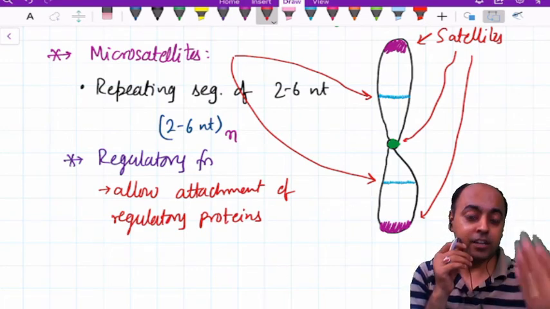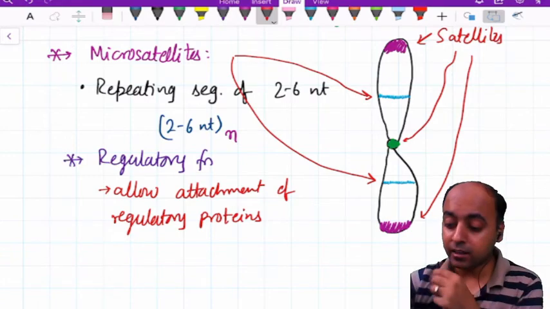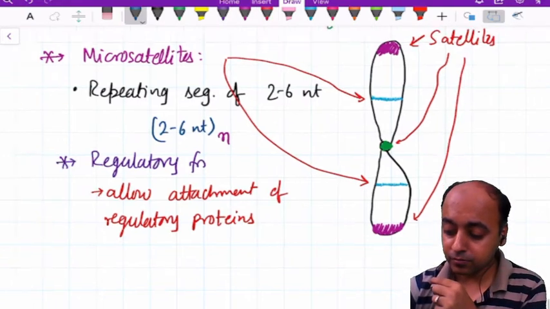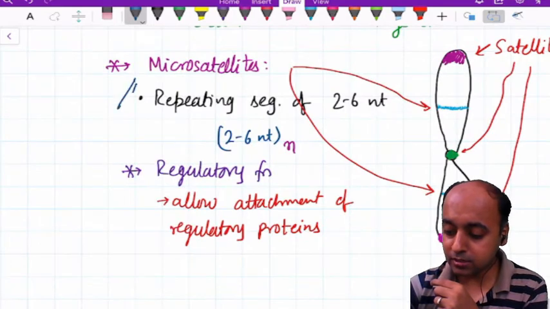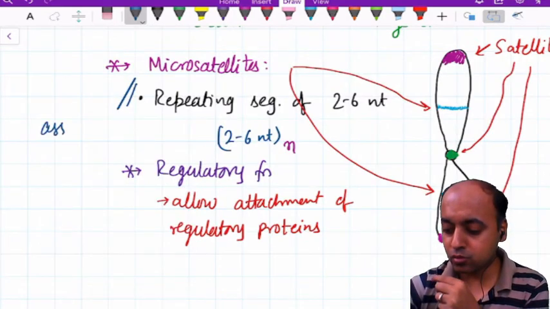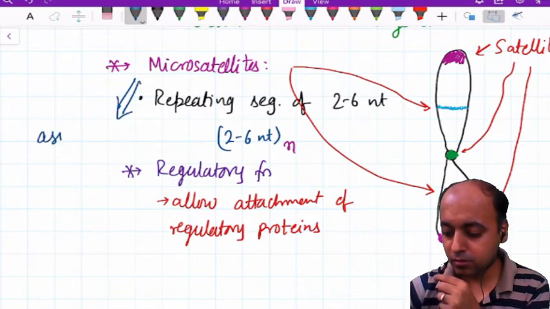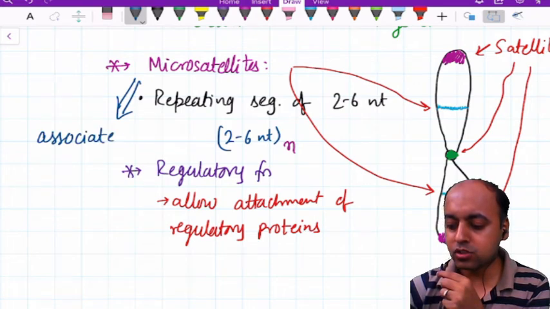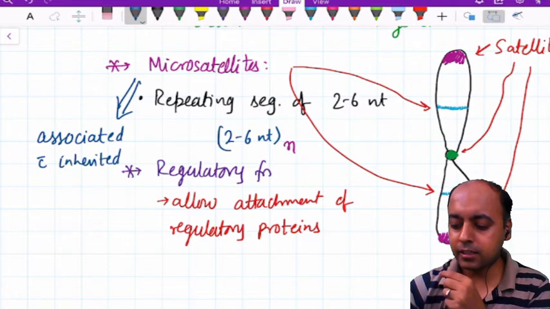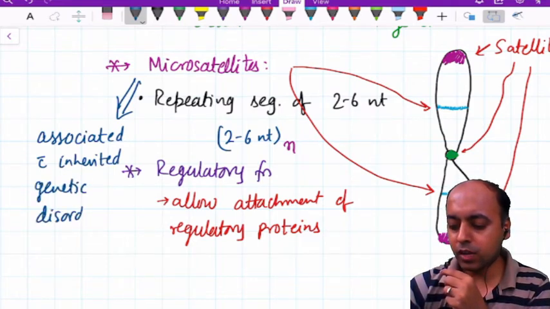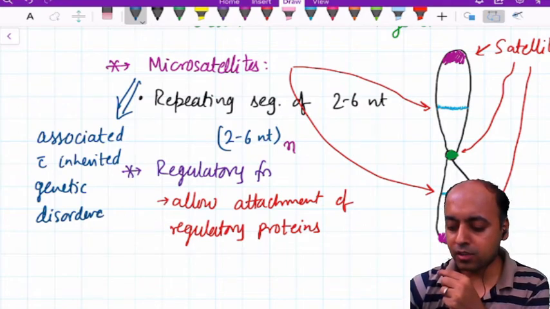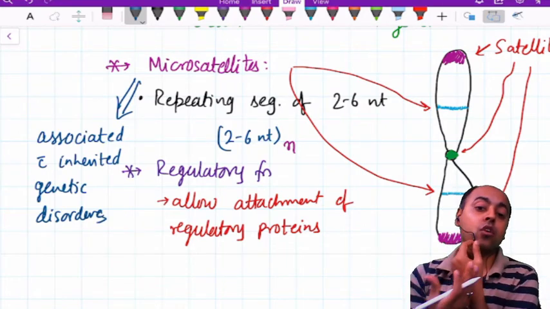So the regulatory function will be modified, and that is why the microsatellites are found to be associated with inherited genetic disorders. This happens when the size of the microsatellites either increases or decreases.